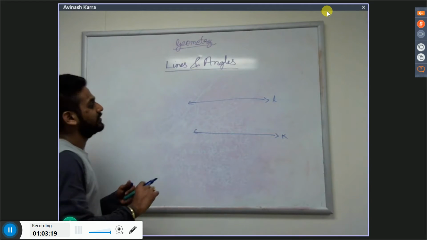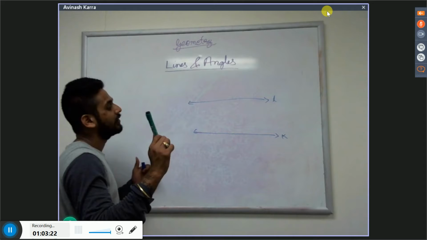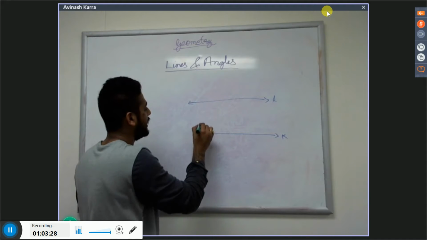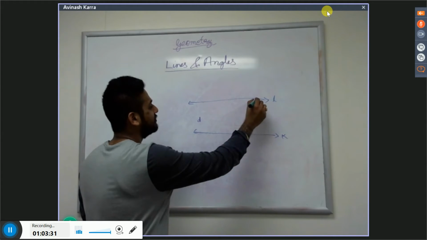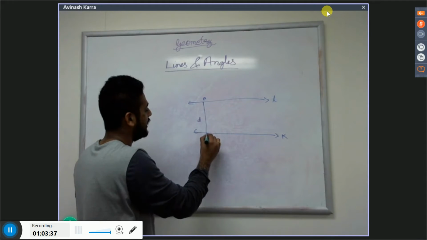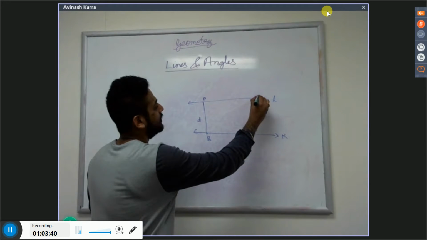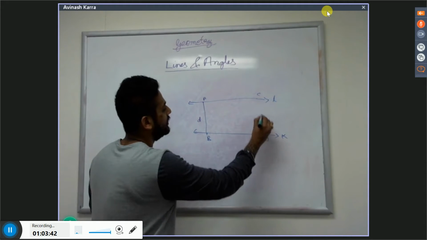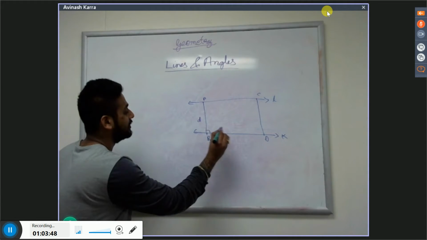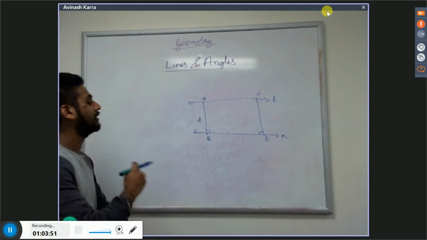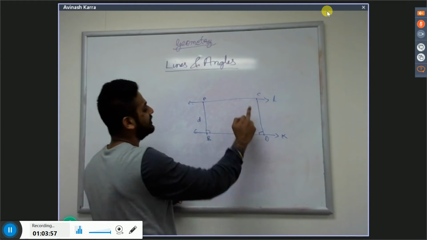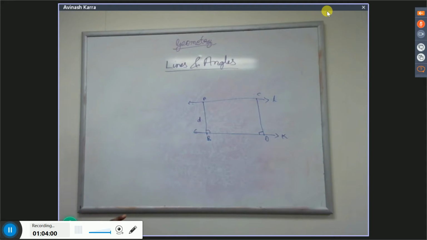For example, the distance between these two lines is D. Let it be point A, let it be point B. Let AB be D. Let it be point C, let it be point D. If these are perpendicular, and AB is equal to D, then what will be the value of CD? D, yes.